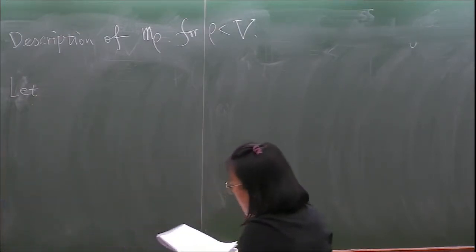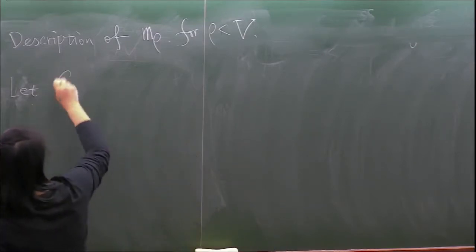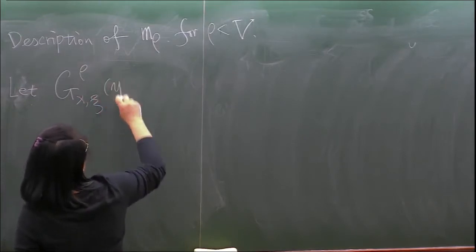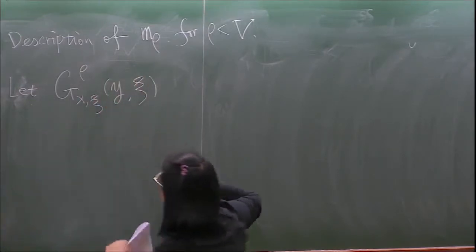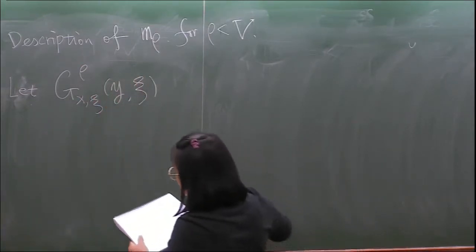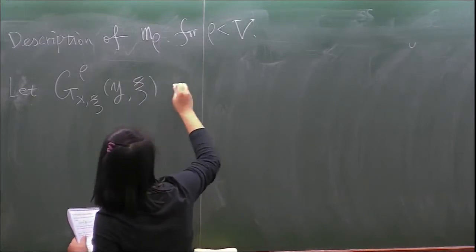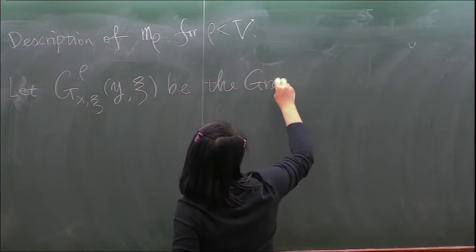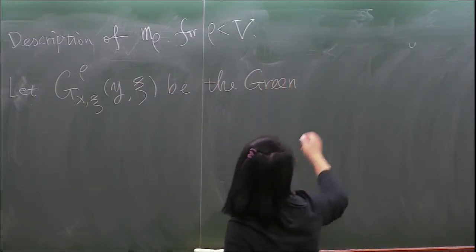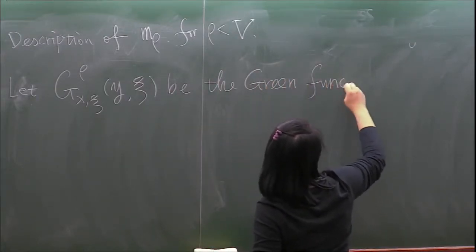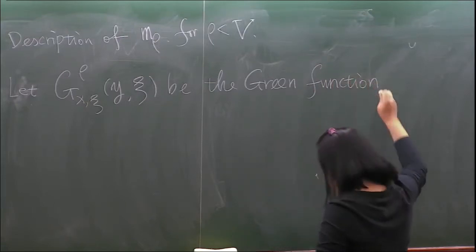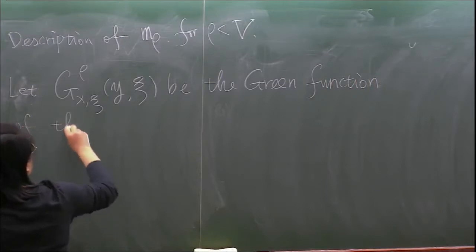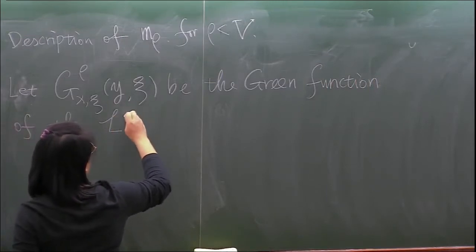Okay, we have this, then we can define the Green function on this leaf, the L rho process.